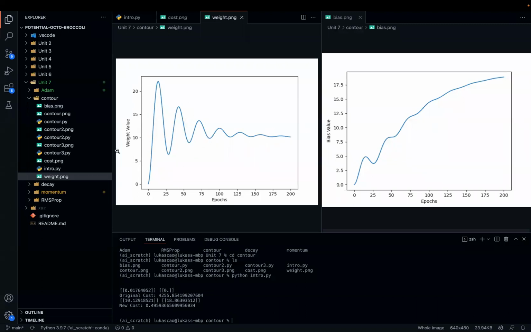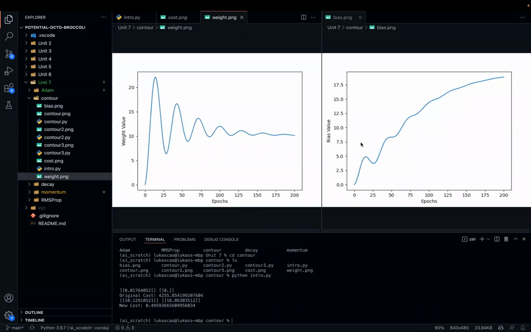So the weight is controlling the movement of the bias, but then the movement of the bias is also controlling the movement of the weight. That's a problem because we don't want the weight to be wiggling around here, waiting for the bias to hit 20. And we don't want the bias to be affected by what the weight is doing either.